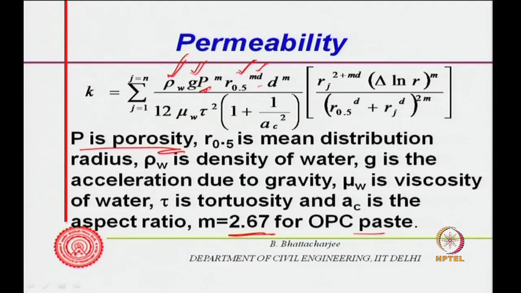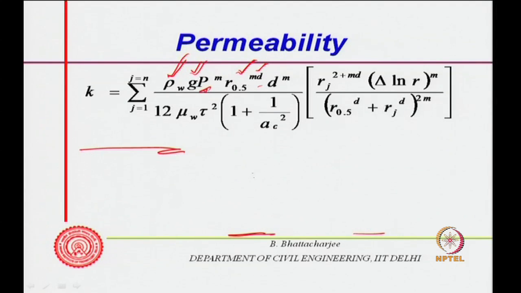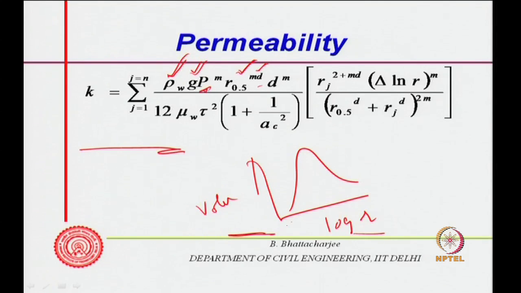That is, if I plot pore size distribution, volume of pores let us say, and if I plot log of pore size, then I will get this sort of a relationship. So, this dispersion of pores, the minimum size to the maximum size of pore, that D is related to that.